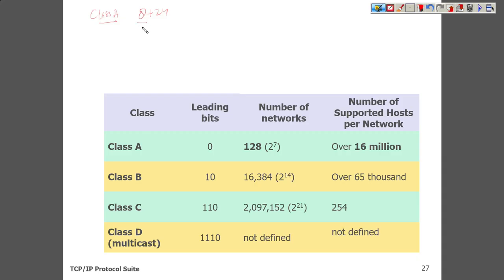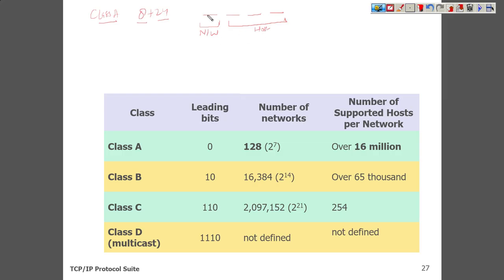Now, 8 is the network bits and 24 is the host bits. Network bits will tell you the number of networks that can be created. So you can see here 8 bits are there. In class A, just have a look here, we have 1, 2, 3, 4 octets. So in class A, the first octet is for the network part, and the other 3 octets are for the host part.